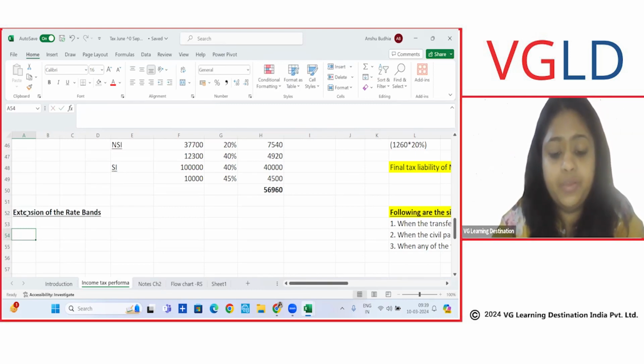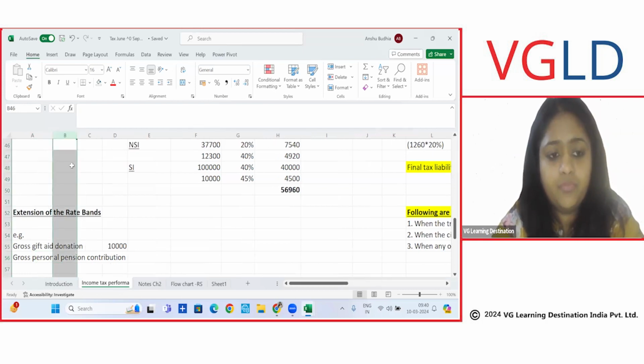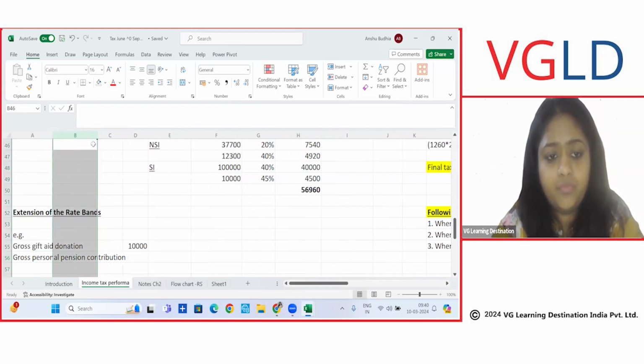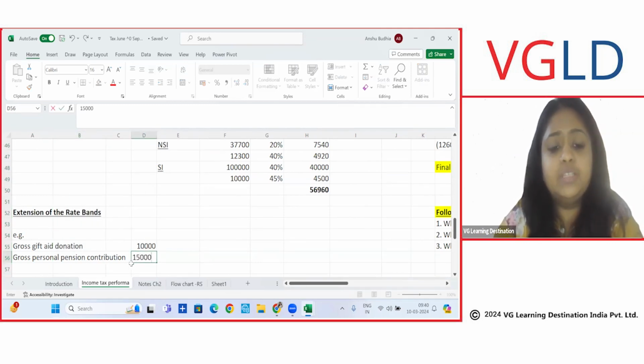Now let's take an example here. I'll explain with an example. The question gives you that the gross gifted donation is 10,000 and the gross personal pension contribution is 15,000.